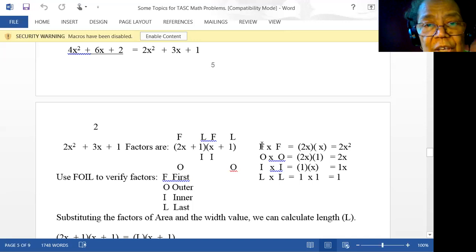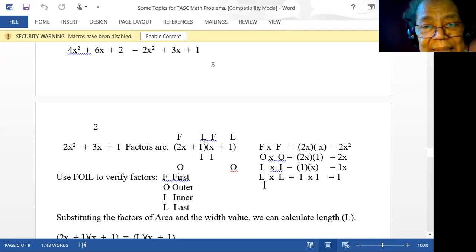Now put them over here. F times F, the first will be 2x times x is 2x squared. The outer, which are the 2x and the 1, will be 2x times 1 is 2x. The inner will be 1 times x, which gives you 1x, that's inner.